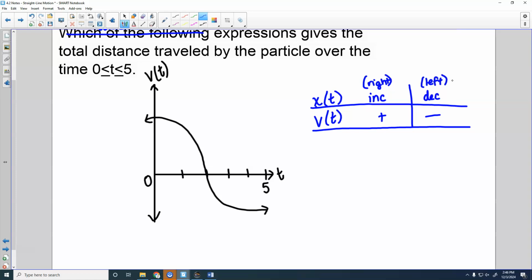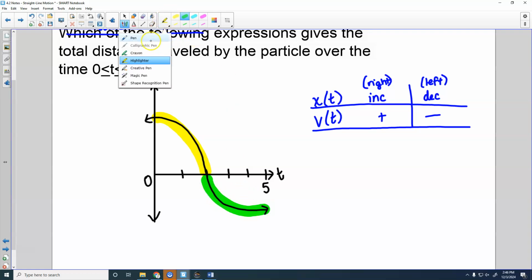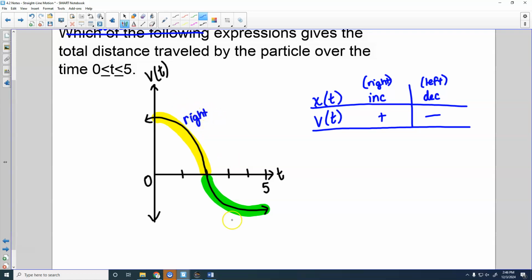All right, so whenever I'm thinking about what this particle is doing, for this part of the graph, which direction is the particle going? It's going to the right. And for this part of the graph, which direction? Left. So right here and left here.